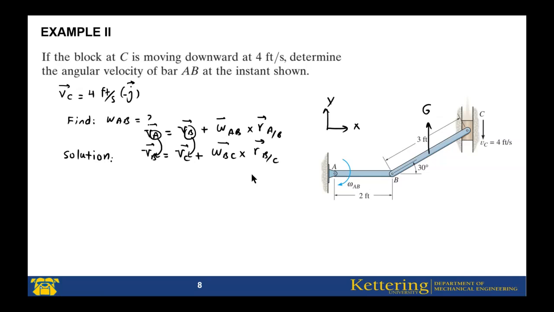Then, we need to find four vectors: VB, VC, omega BC, and RB with respect to C. Let's start with the easiest one, then a little more difficult one. Which one do you like? Start with the difficult or the easy one? Easy? Easy. Easy one. Look, the velocity of C is given: minus 4j.